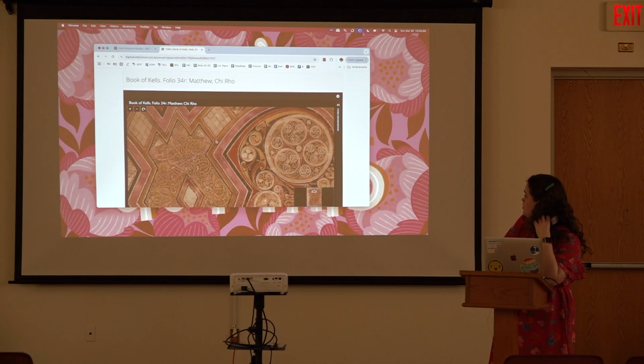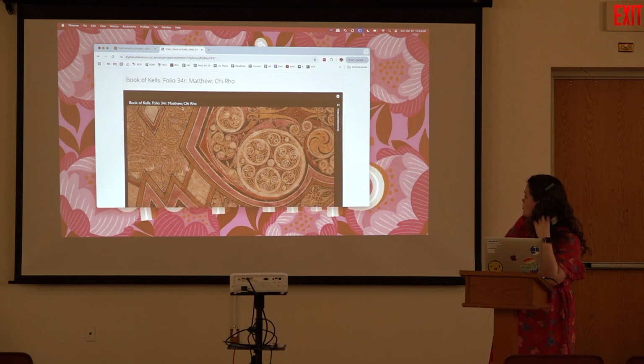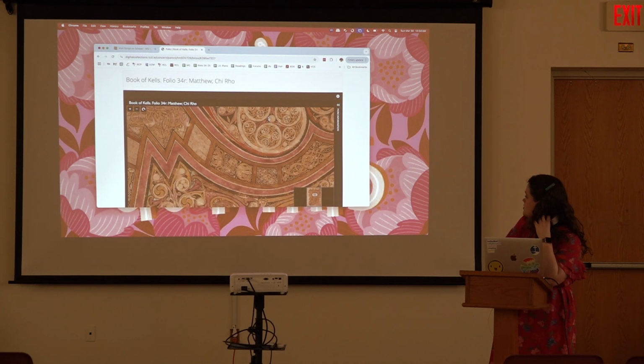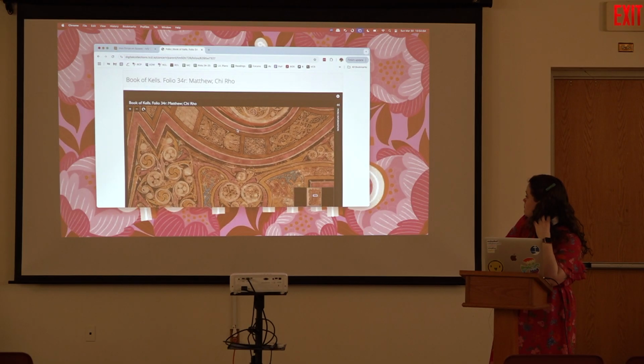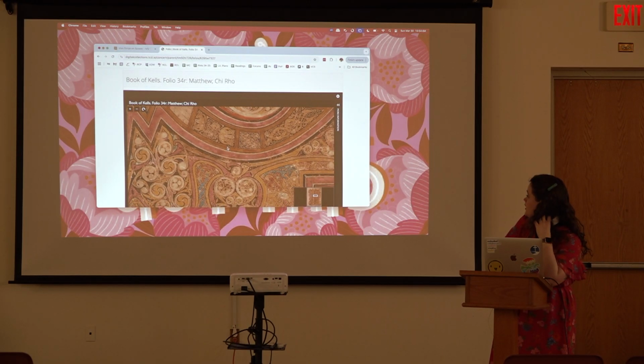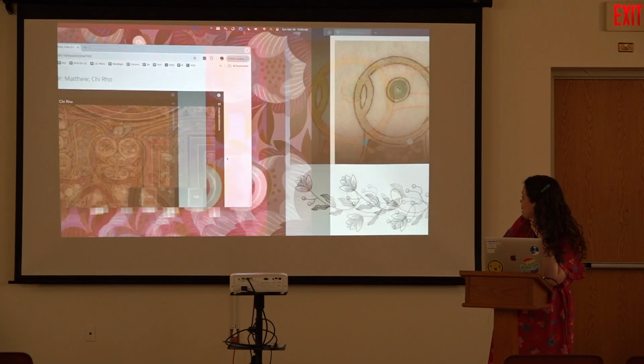There's some people inside of this letter. So there's all sorts of little details that you could spend time exploring. And the Book of Kells, the whole thing is available online through Trinity College in Dublin. So if you're curious, it's a lot of fun to look through.